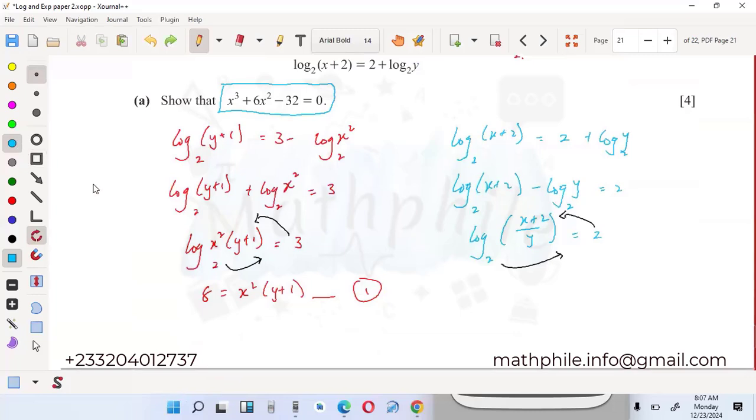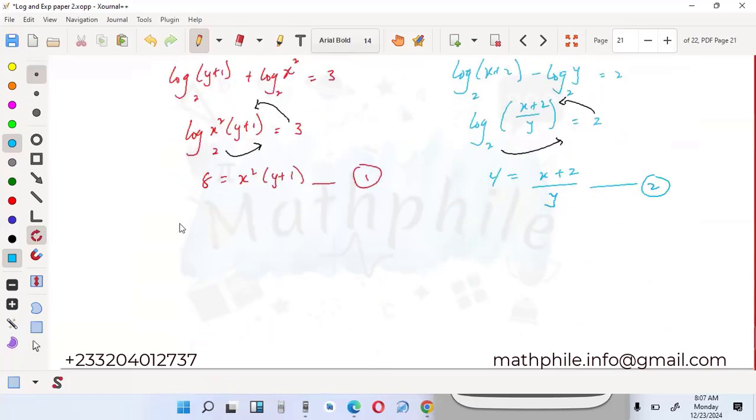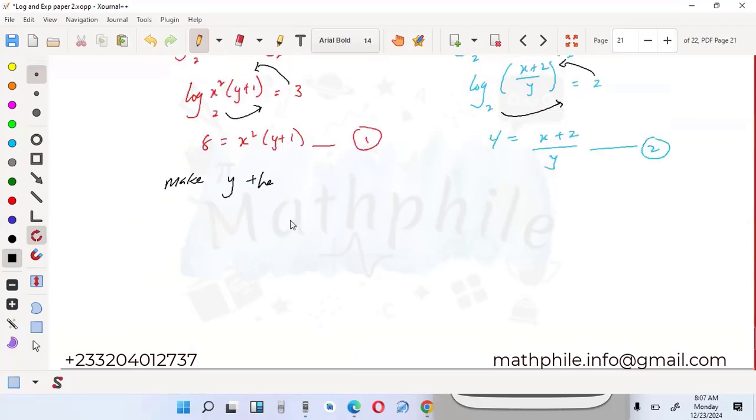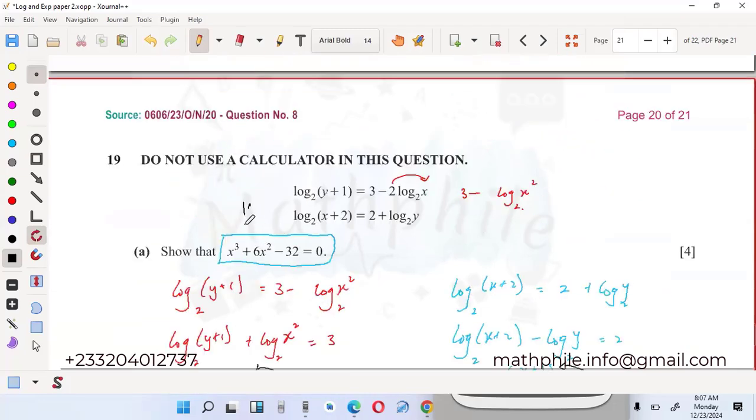If you change this one to exponential form, this becomes 2 raised to the power 2, which is 4, equal to x plus 2 over y. This is equation 2. I can make x the subject of equation 2, but that would give it in terms of y.